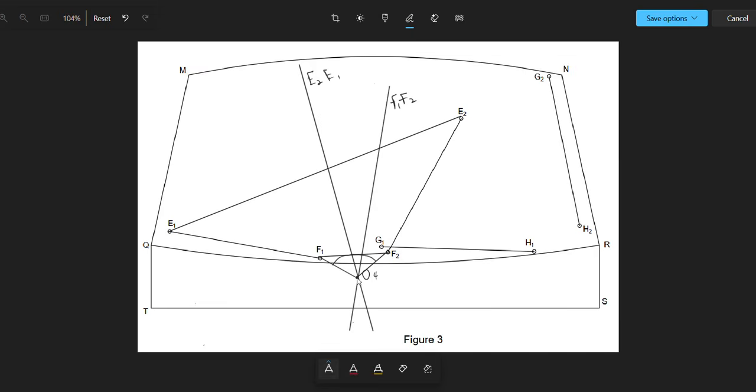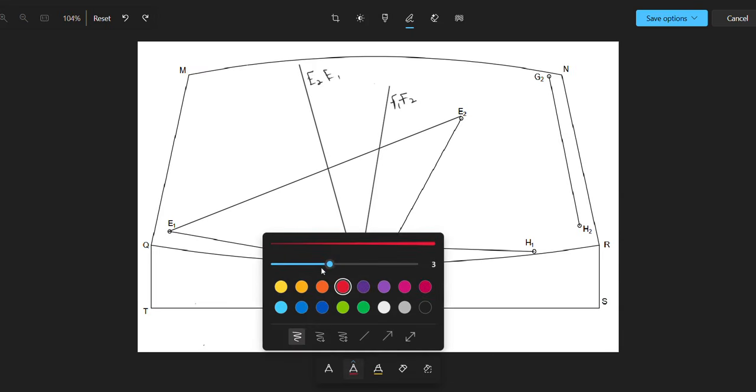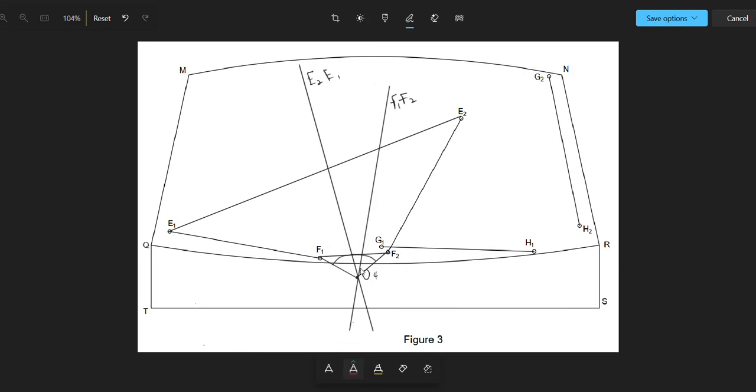draw a vertical line. Let me use a red pen. You're going to draw a vertical line. If you want the diode to be aligned horizontally, you have to create a vertical line.